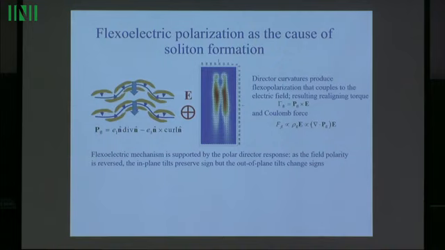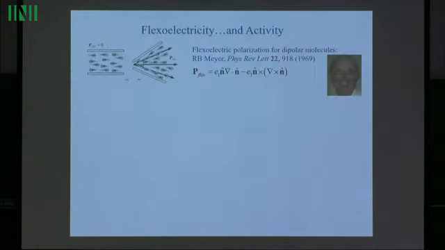That gives rise to flexoelectric polarization, and this creates a torque, or in the free energy density, it will be a linear product of polarization and the electric field. And the person who brought this discovery to us is Bob Meyer.